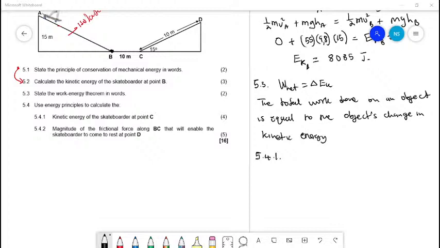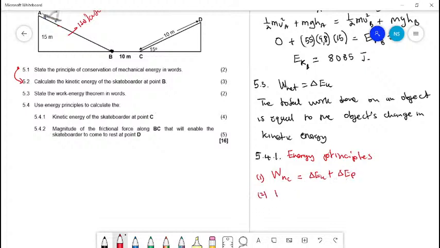Okay, so our energy principles, guys. When they talk about energy principles, the formulas that need to come to your mind are, one, W NC equals to change in EK plus change in EP. That's the first formula.